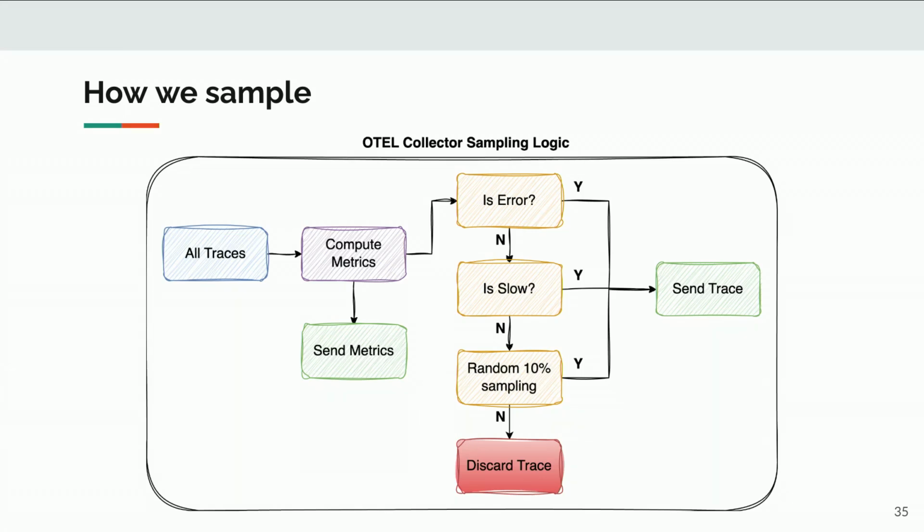Is it slow, let's say over a second, half a second, whatever your threshold is? We would also sample all those traces in our case. And if it's neither an error nor slow, do a random 10% sampling. We just want 10% of the good traces for that control, for that baseline. Otherwise, discard the trace. Gone, like it never existed.